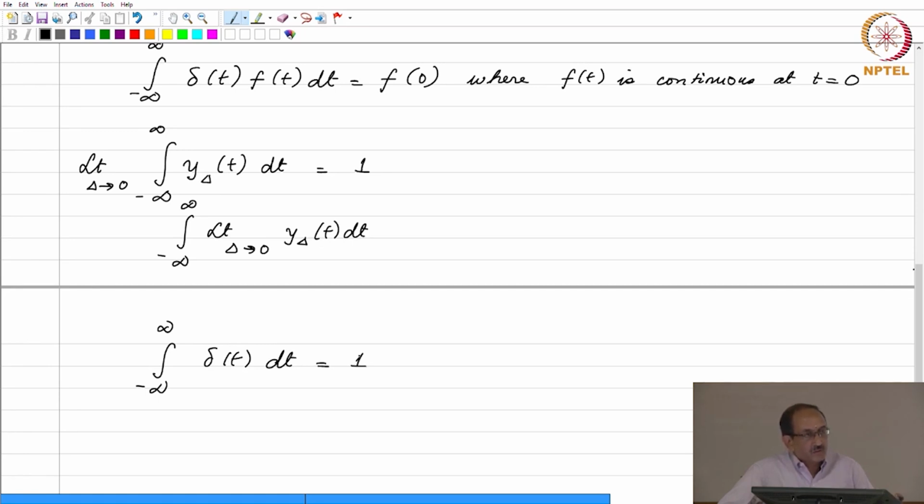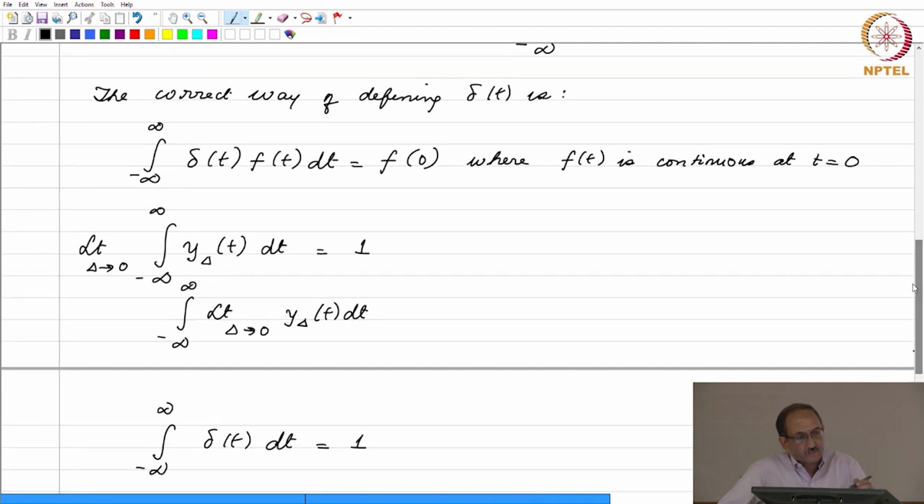So, the problem arises because we are interchanging two limiting processes without being sure whether we are allowed to do that or not. So, under ordinary rules of calculus, there is no known function that satisfies the definition of the delta. Even this definition of delta, no known ordinary function can satisfy this.